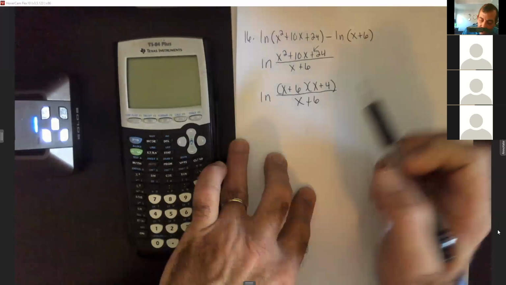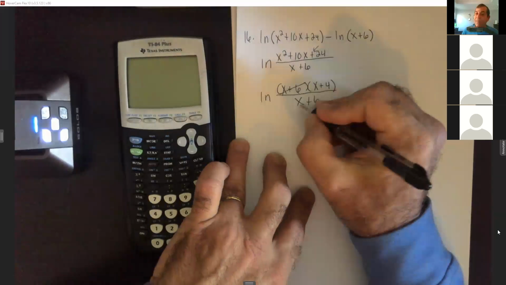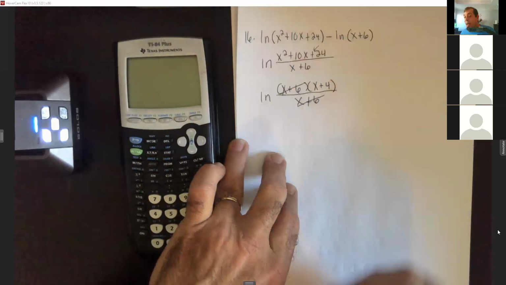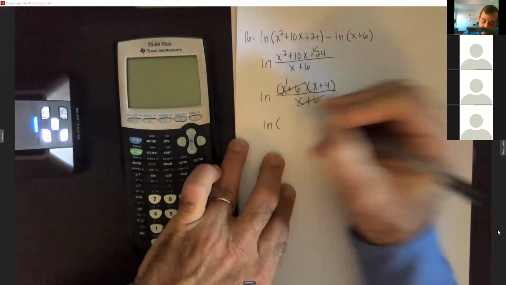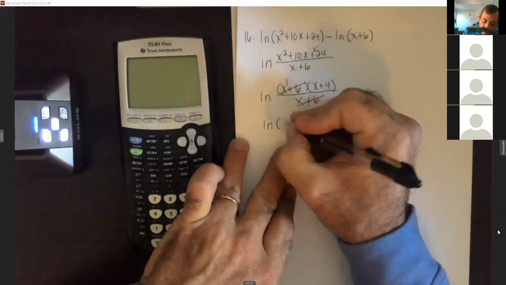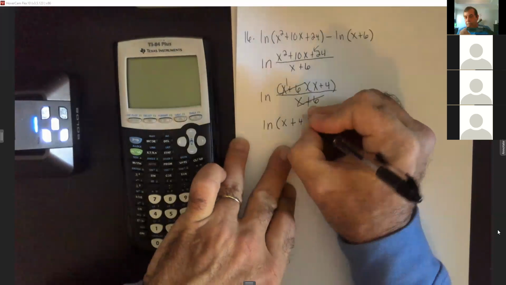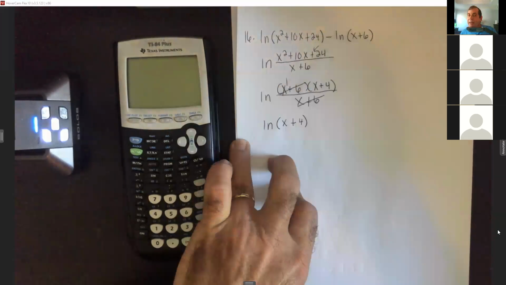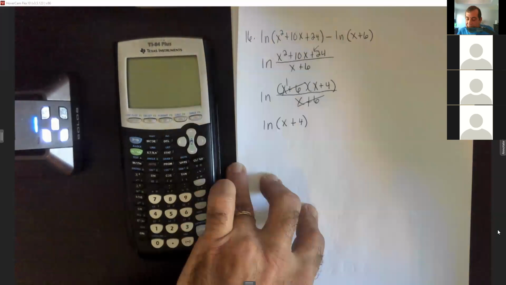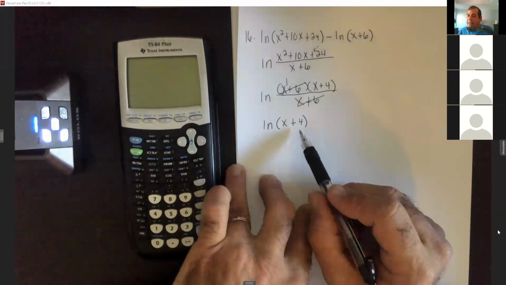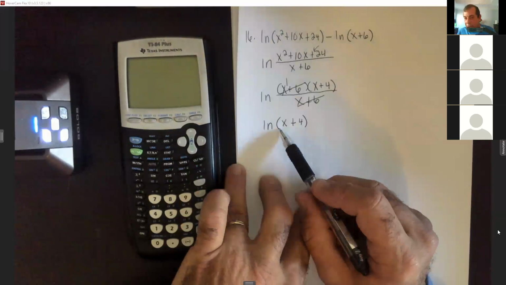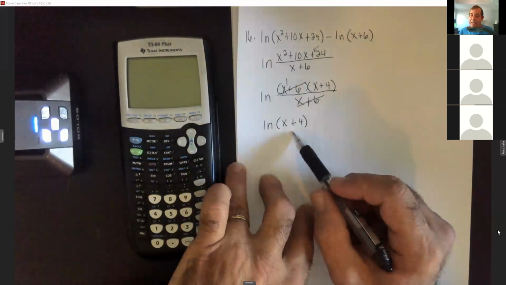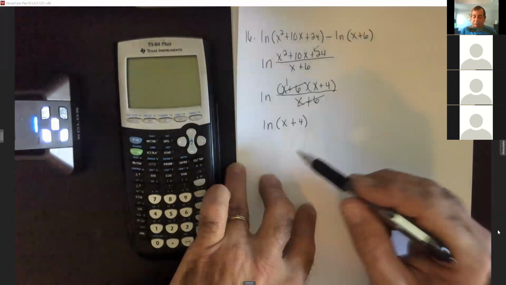So we're going to cancel out that common factor, basically making it a 1. So that my final answer is going to be the ln of x plus 4. Now let me tell you, you have to keep the x plus 4 in parentheses so that the ln knows it affects everything, okay? So that one actually has to be kept in parentheses.